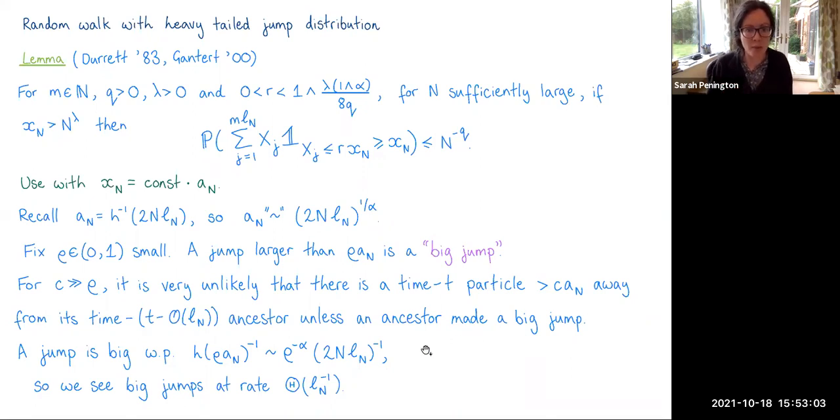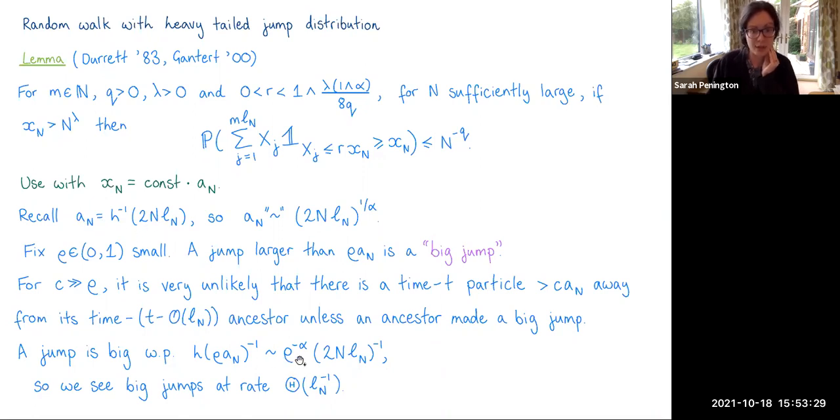And what's the probability that a jump is a big jump? Well, it's the probability that our jump distribution x is bigger than rho times an, which is 1 over h of rho times an. And because h is regularly varying, we can take this rho out the front and put it to the power of alpha. And then h of an from this definition here is essentially 2n times ln.